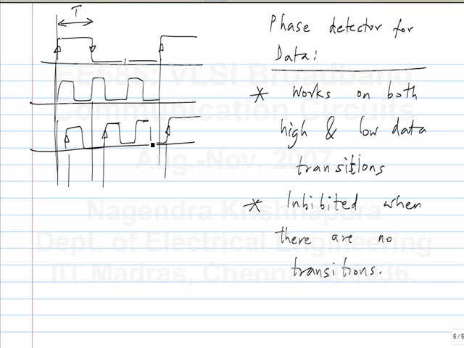Falling edge of? No, but what is the input to the flip-flop? We have to find the phase difference between clock and data, right? So where is the clock, where is the data, where are the flip-flops?